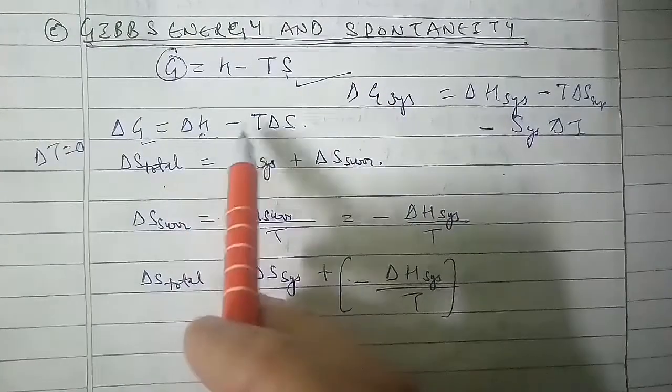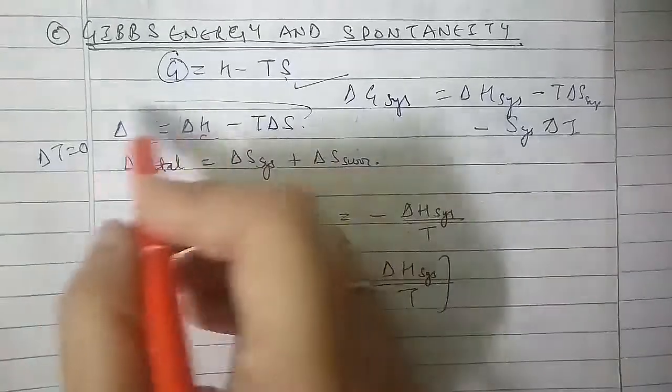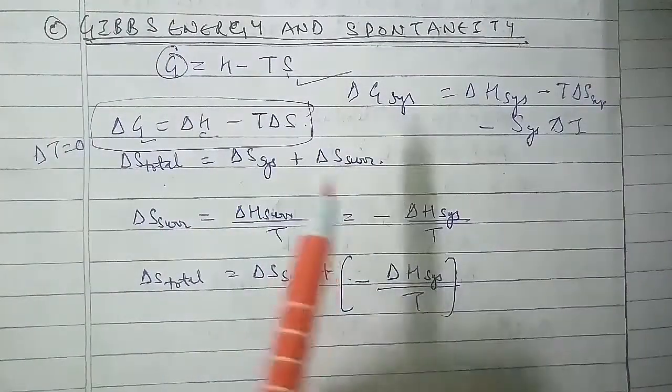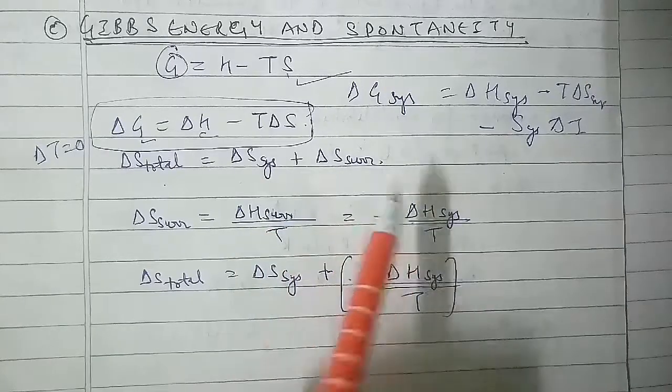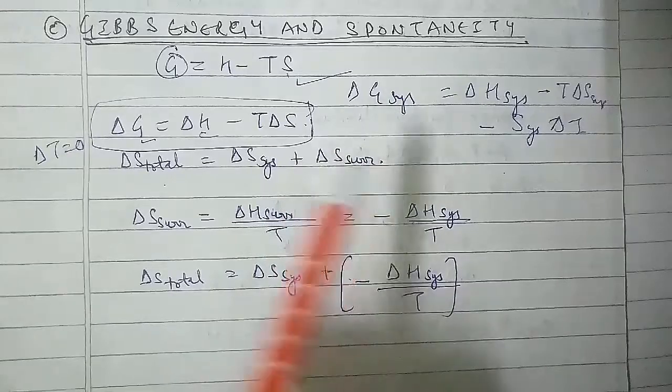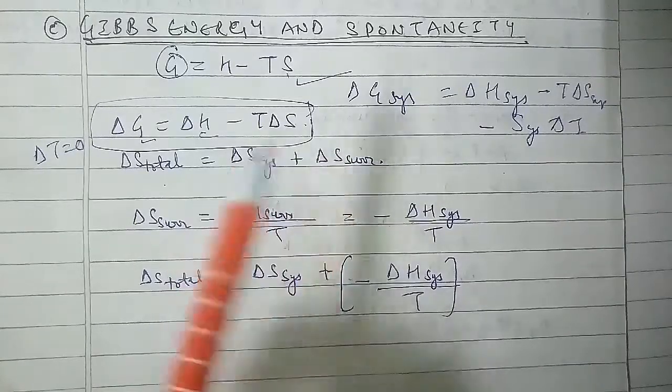Using the above equation, we get minus delta G greater than 0, that is, delta G equals delta H minus T delta S is less than 0.